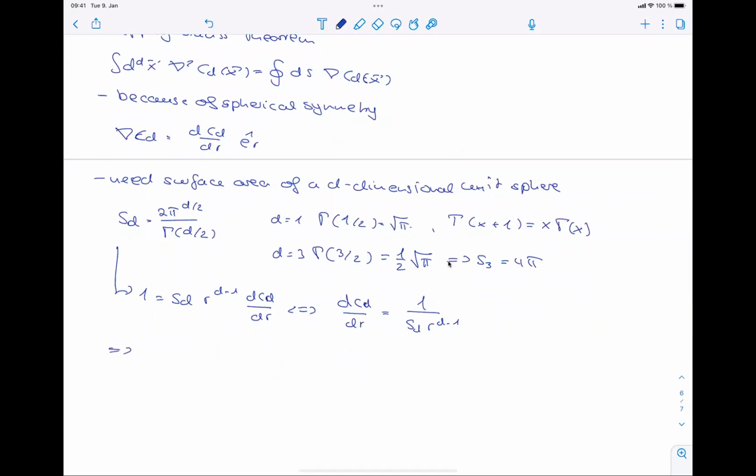And integrate this to find C_d of r is r^(2-d) over (2-d) S_d, plus C naught, a constant of integration.